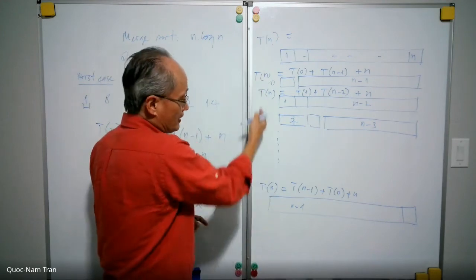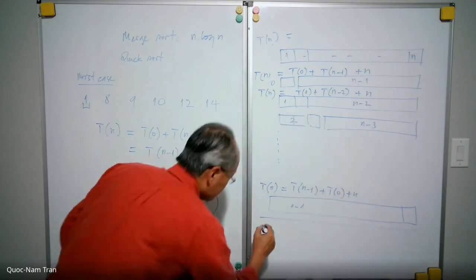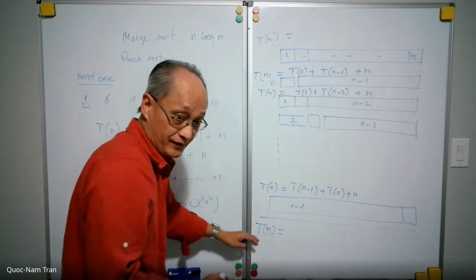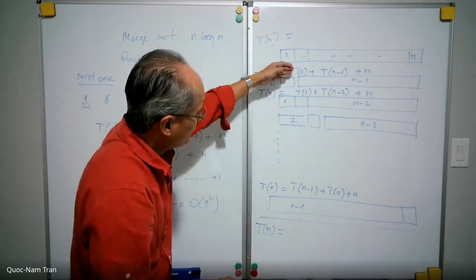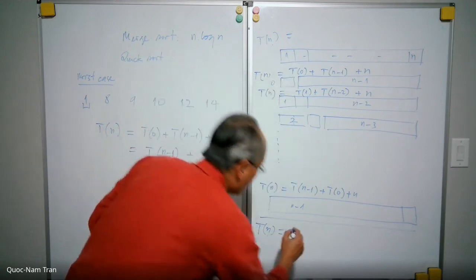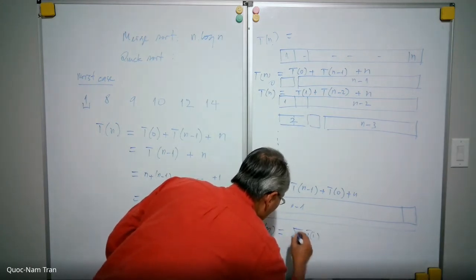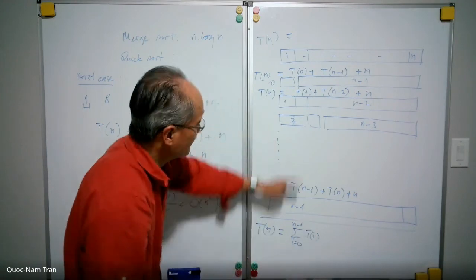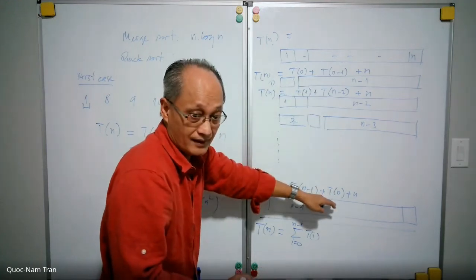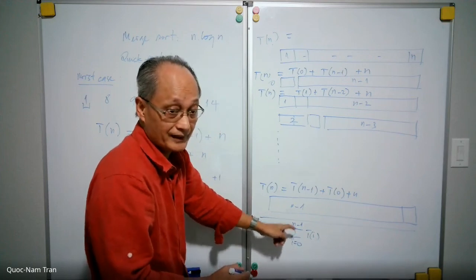So the average case is what? Tn is the average, right? How do I sum all of them up? Here I have the sum of Ti for i from 0 to n minus 1, right? Add all of them. Now, add all of this is also Ti for i from 0 to n minus 1, right?